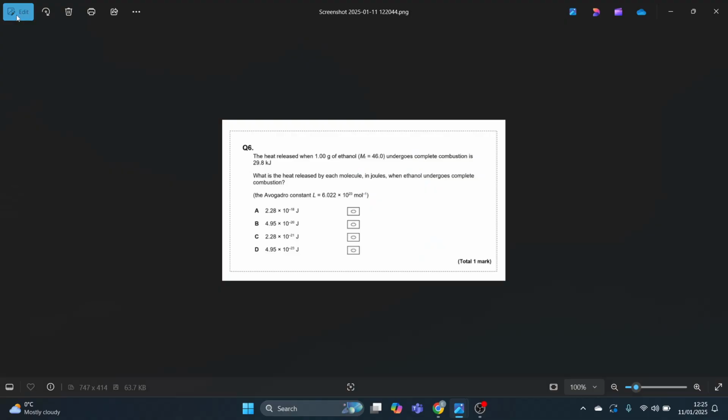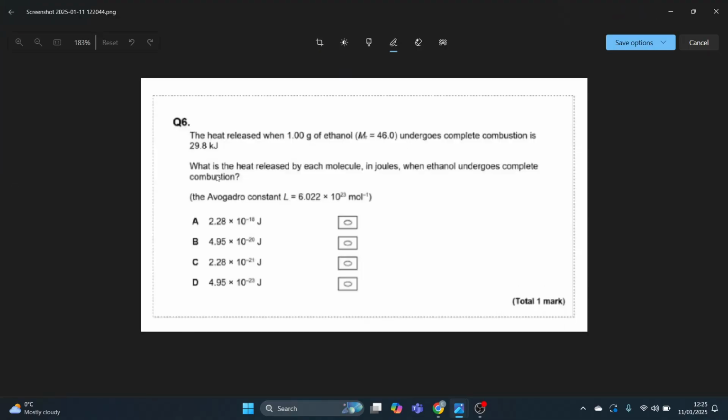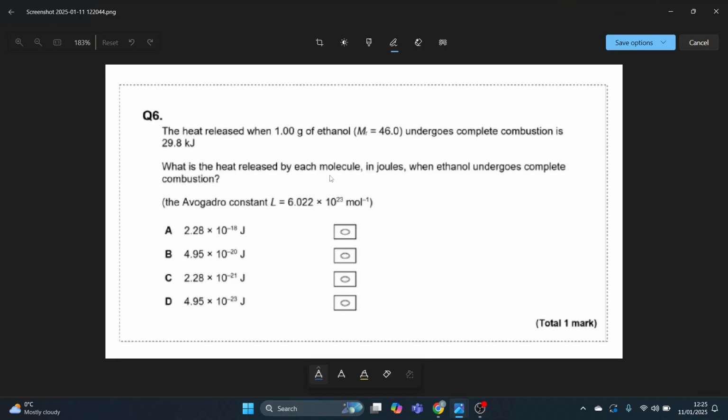And then question 6, definitely a very hard question. The heat released by each molecule in joules when ethanol undergoes complete combustion. So heat released. I'm going to use delta H equals Q divided by number of moles.